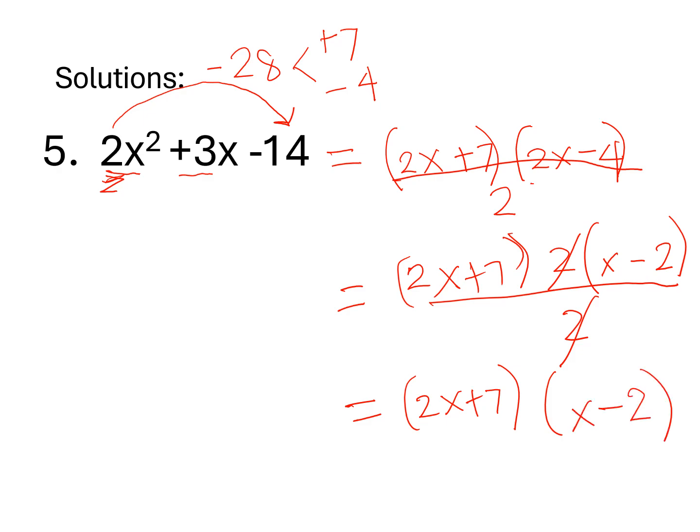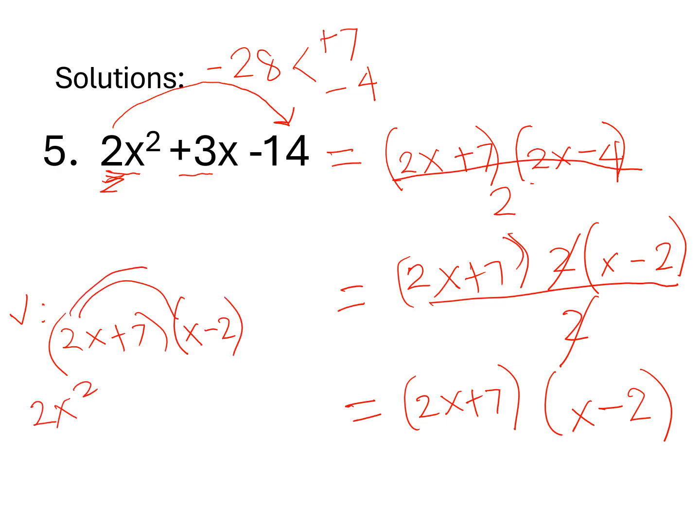You can check this using the FOIL method. Let us check. 2x plus 7 times the quantity of x minus 2. We have 2x times x, 2x squared. Then 2x times negative 2, that is negative 4x. Then positive 7 times x, positive 7x.